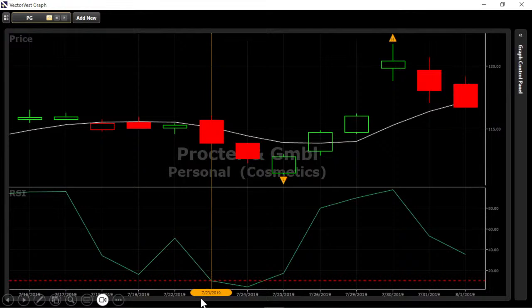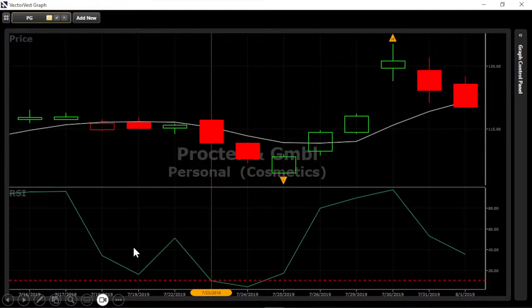Okay, so on July 23rd, 2019, I'm going to go through the rules. Price above the 200-day moving average, long-term uptrend, but you can see kind of experiencing a little short-term softening, right, a short-term correction, where price has fallen below the 5-day moving average and the 2-period RSI below 10.